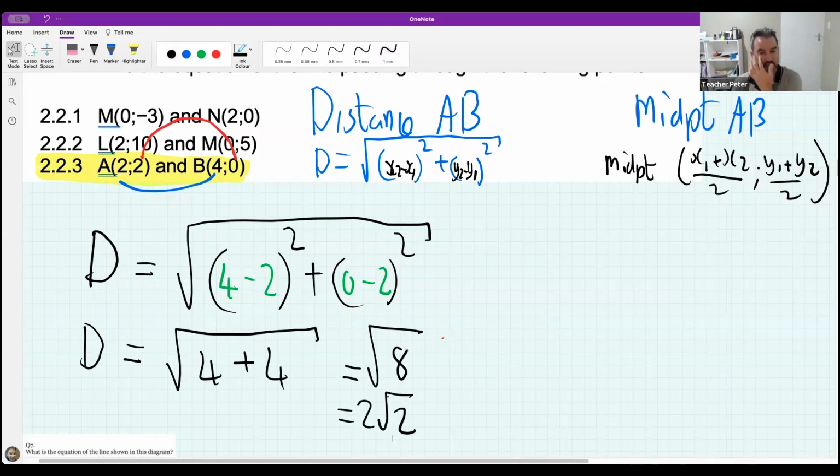Or sometimes your calculator will write it as 2 root 2. And what is my midpoint going to be?